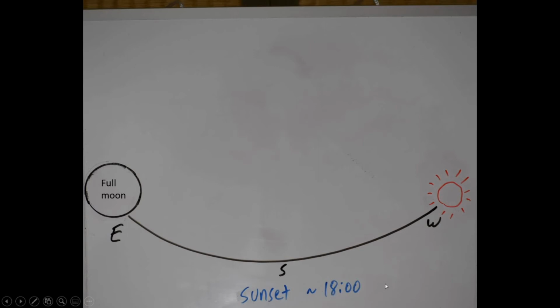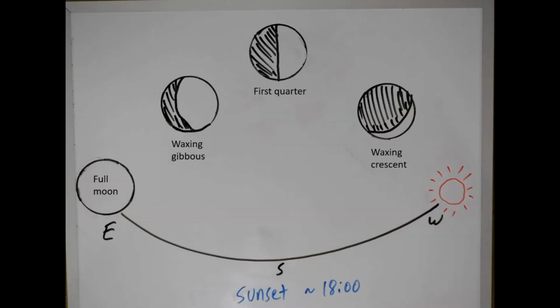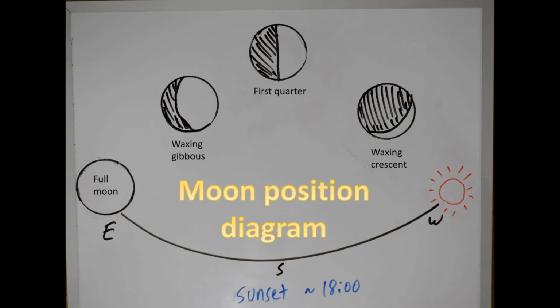So now, if we combine all of these images, it looks like this. So we have at sunset, the sun is setting. The waxing crescent is here at sunset. The first quarter is at zenith at sunset. The full moon is rising at sunset. And this is called a moon position diagram.